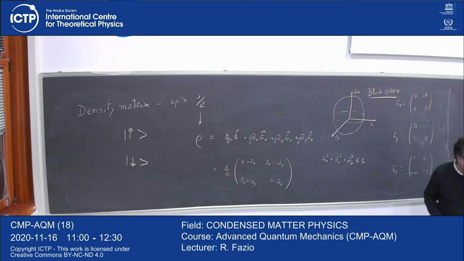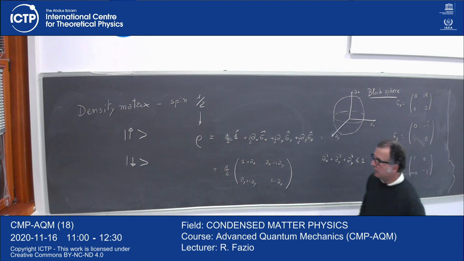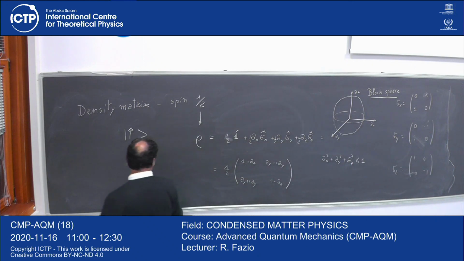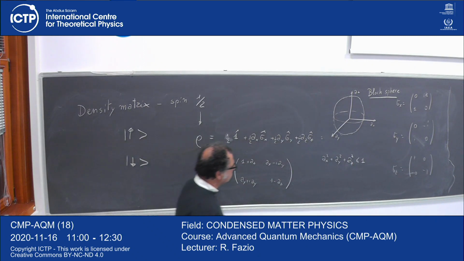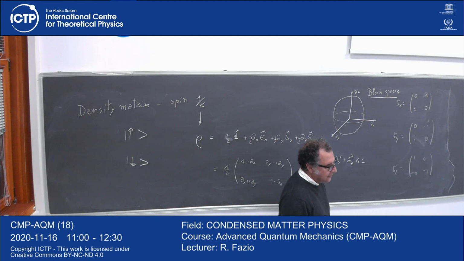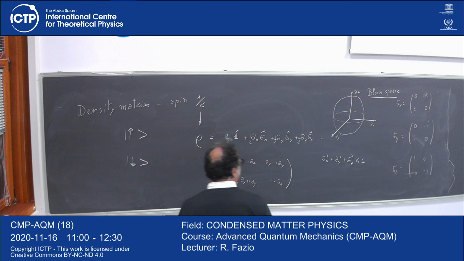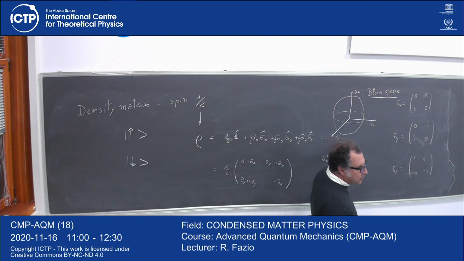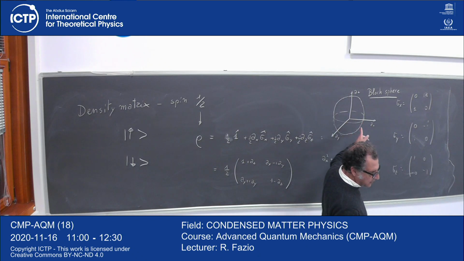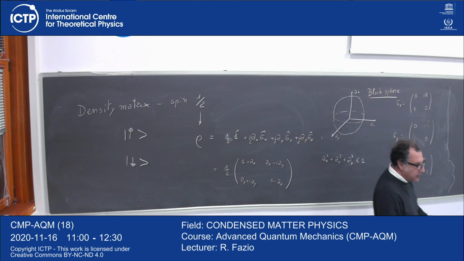Now we have an extra piece of information, that is the purity. You can compute it and verify that the purity is related to the radius of the sphere. On the surface of the sphere, the purity is 1.